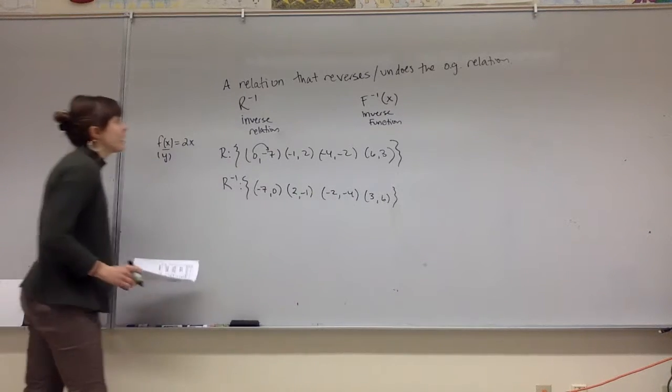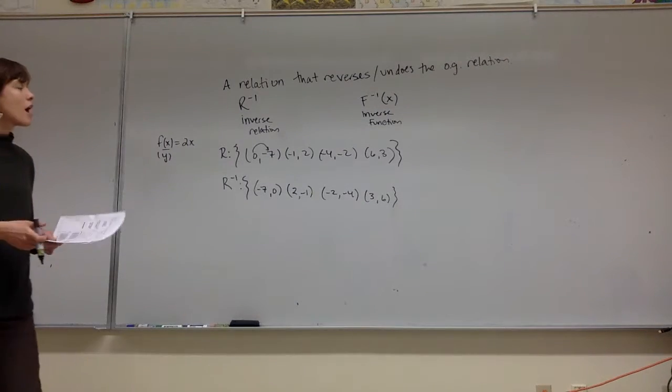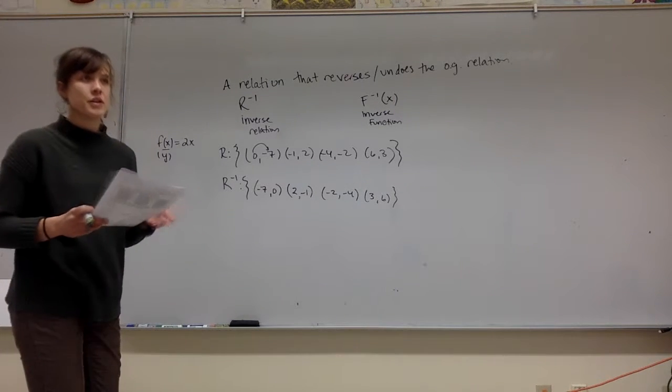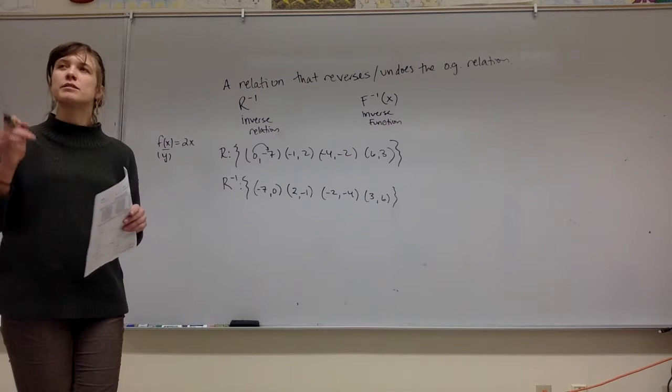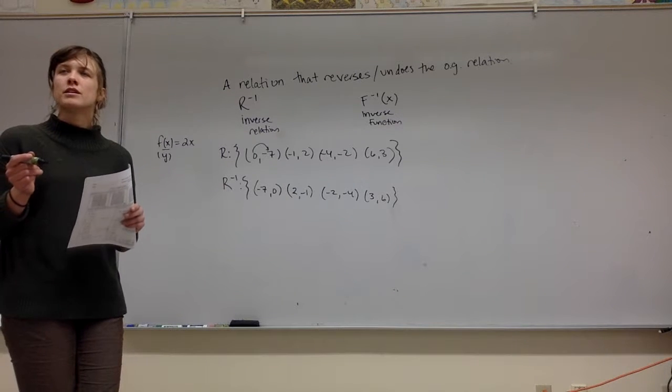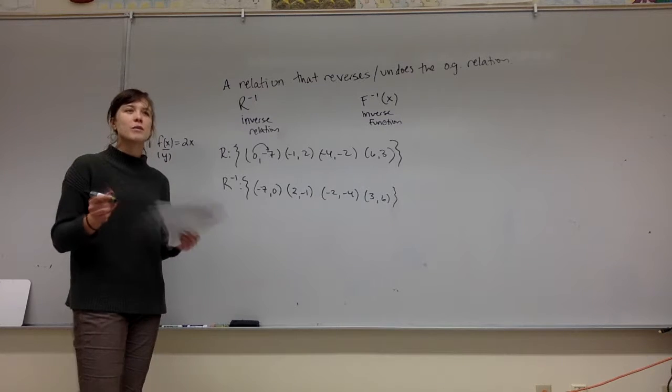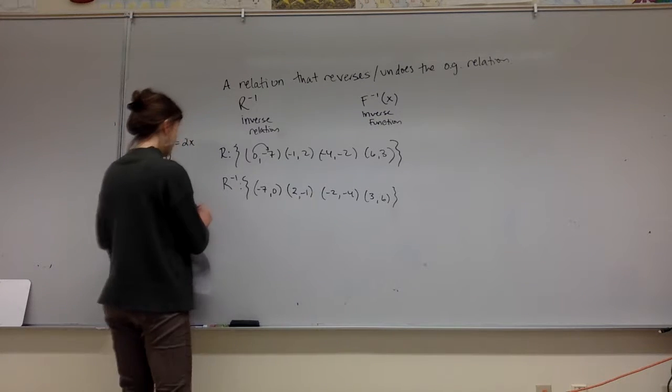Okay. And so, based on what we know about inverse functions, does every function have an inverse? No. What does it have to be in order to have an inverse? Unique, that's the word. Yep, x and y value. And what is the term for that?